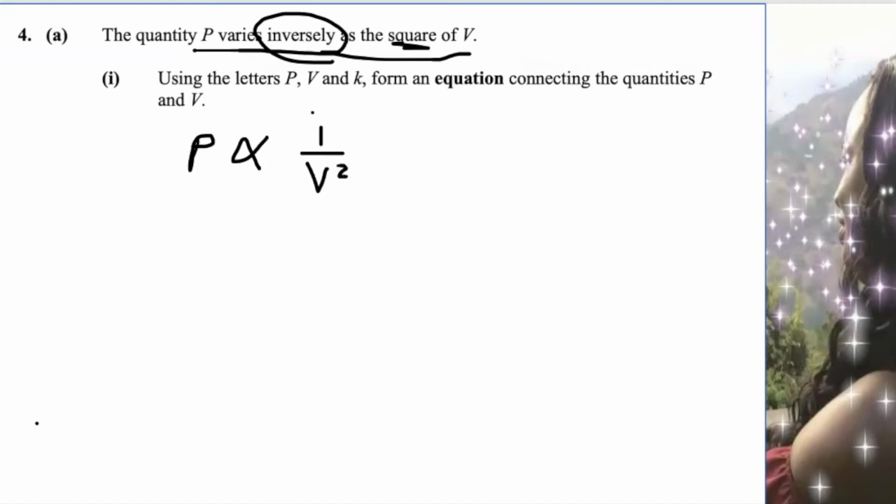If it was directly proportional, it would be V squared, but since it's inversely, I have 1 over V squared.